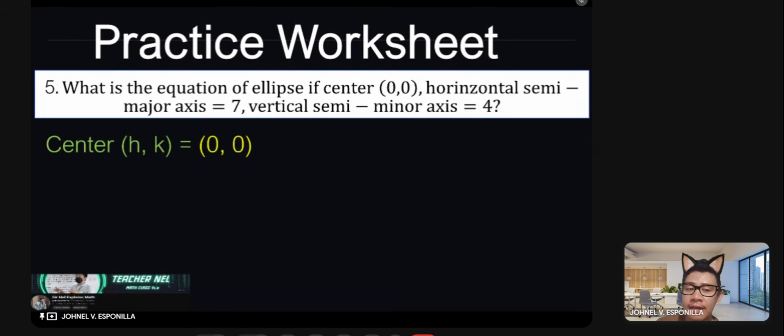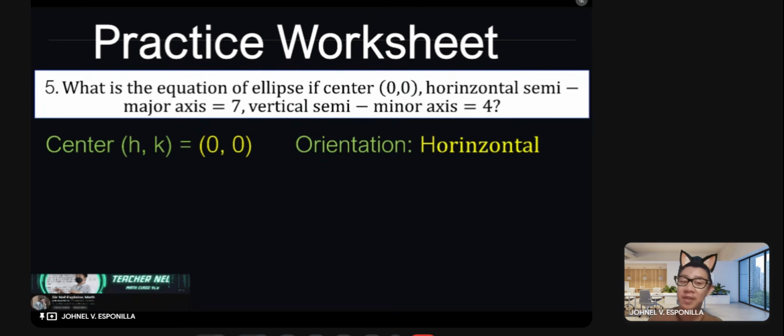So again, the horizontal semi-major axis is also known as, ano yung semi-major ulit? The a, at yung semi-minor is the b. Tama? So a, semi-major, tapos semi-minor is b. Since yung a po natin dyan ay 7 at nakalagay dyan na horizontal, what is the orientation of number 5?